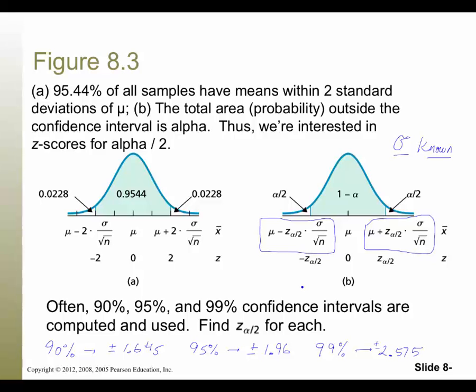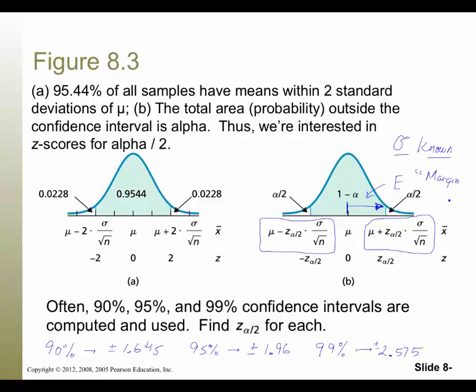Okay, and then we talked about margin of error. Margin of error was half the length of the confidence interval, or the length from our point estimate out to the max, or the point estimate down to the min. So this was E, the margin of error.